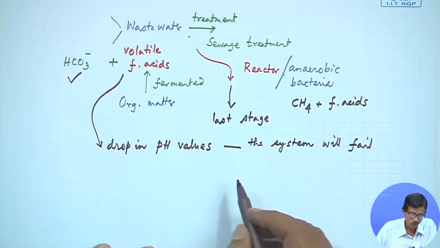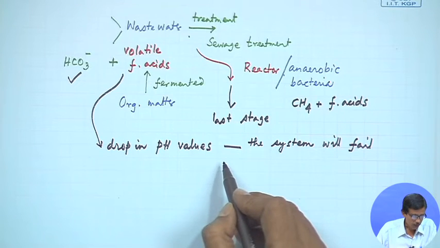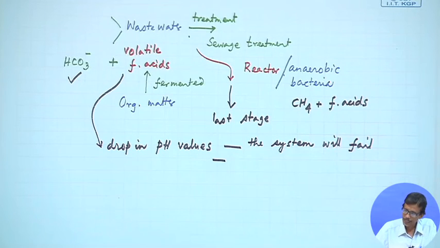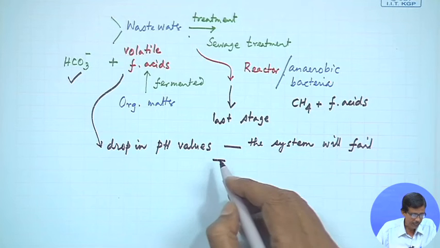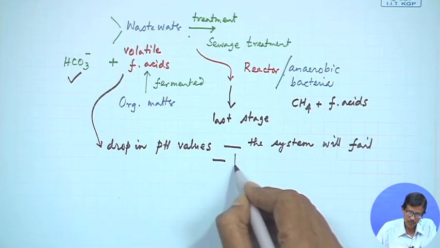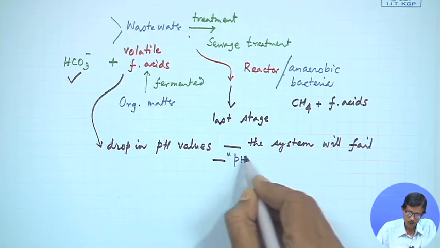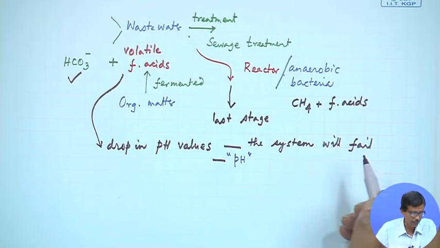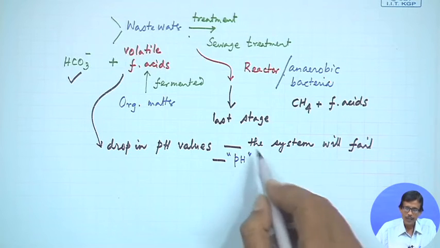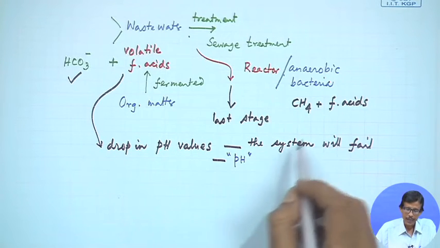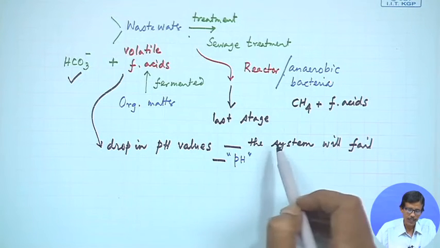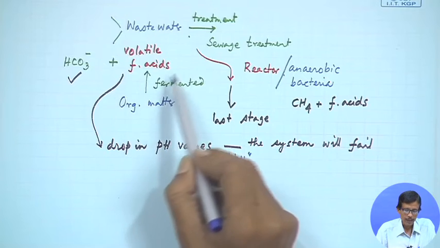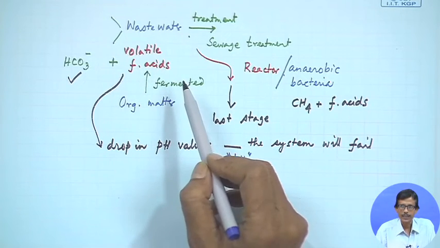So, what to do? We could go for detection of the pH. But if we just look at the pH determination of this medium alone, it will not help us tell whether there is degradation due to a change in pH, or whether a certain amount of volatile fatty acid is forming.